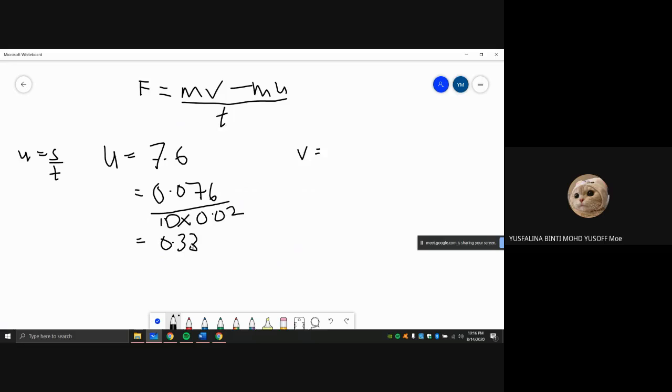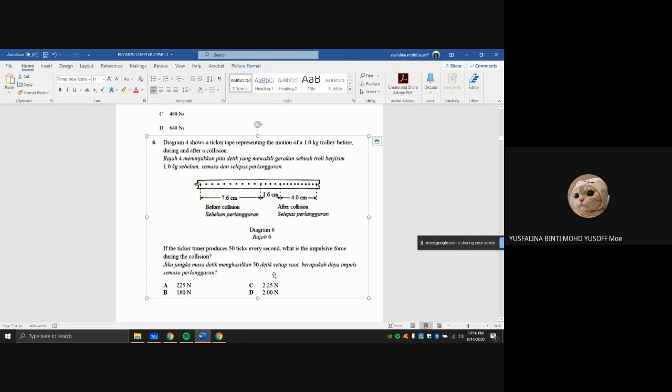Right. So try to calculate V. I give you time. This one you don't have to calculate the ticks, because usually they will divide equally, so the number of ticks should be the same. You don't need to find how many ticks, just divide.